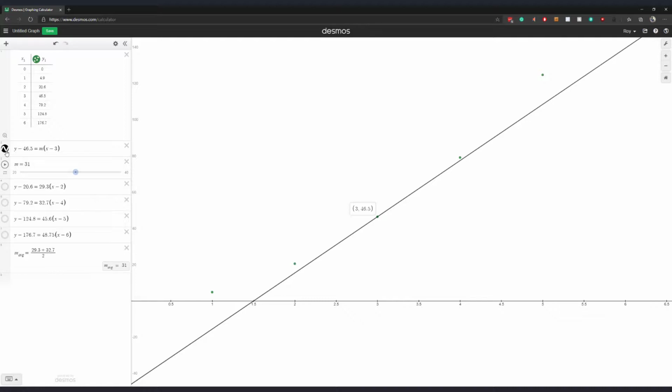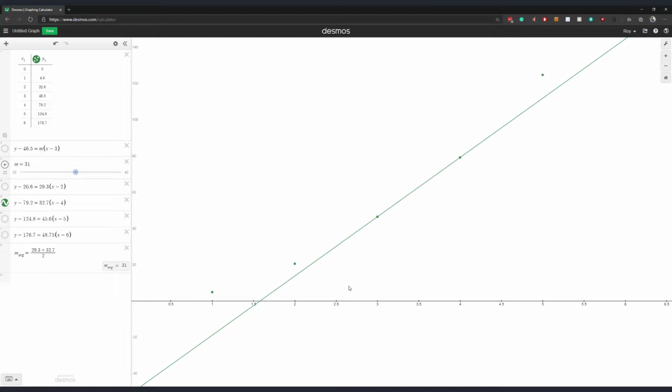But another way, like I said, to approximate this is to use the average of the average velocities between times 2 and 3, and then between times 3 and 4. Since we already know the average velocity between times 3 and 4 is going to be 32, turn that off there so you can see it.